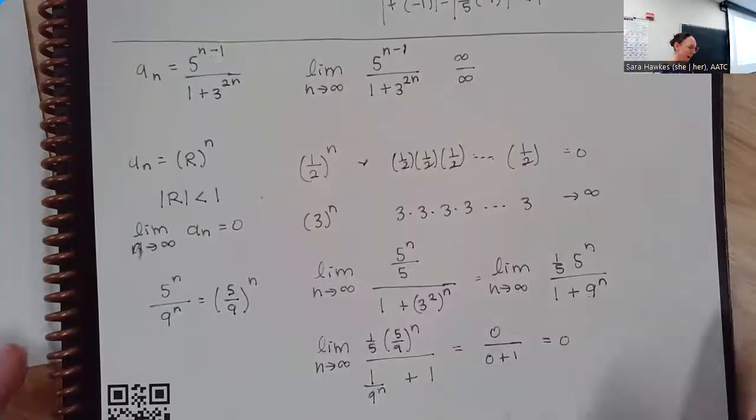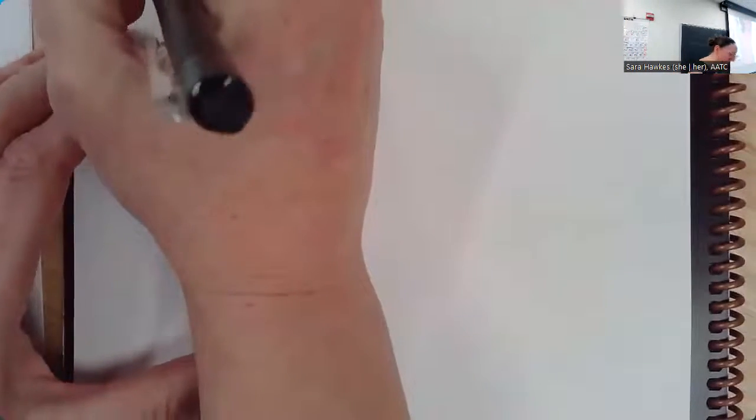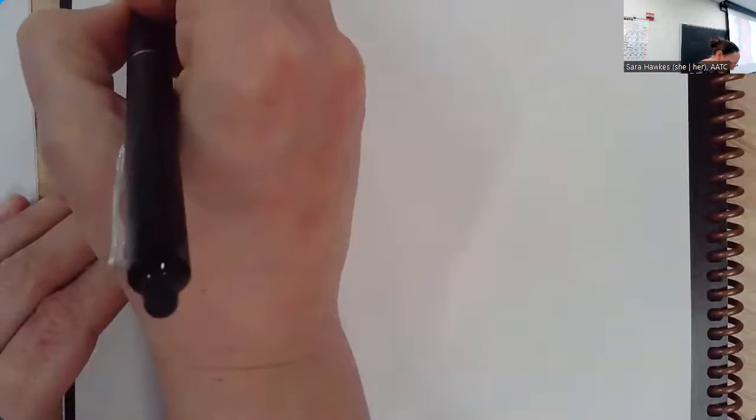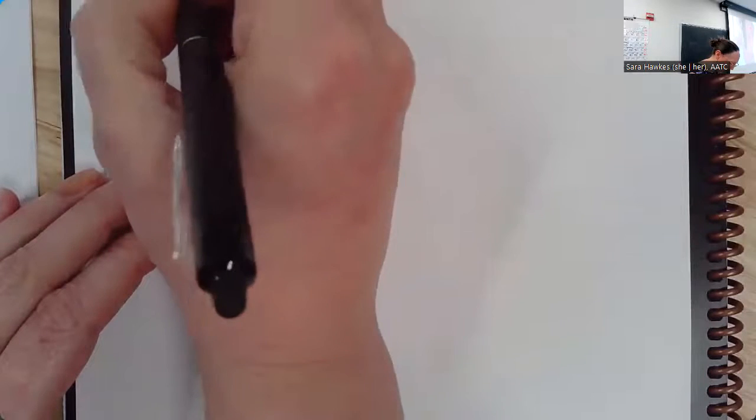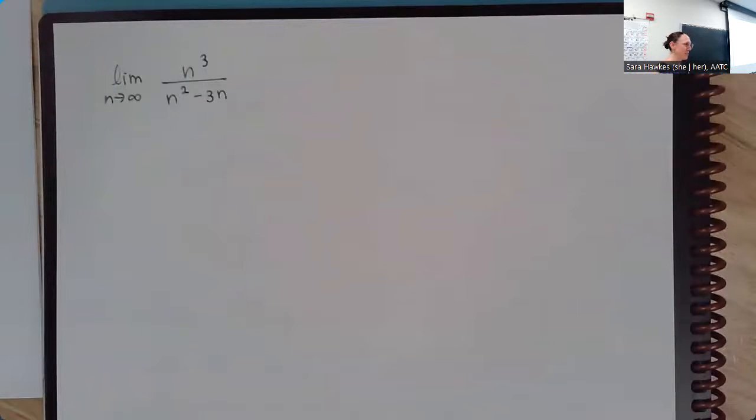So this is kind of like, well, let me make an analogy back to what we would have done at the beginning of the quarter. Before we knew about L'Hopital's, if I had to take the limit as n approaches infinity of n cubed over n squared minus 3n, I would find the largest power in the denominator and either factor it out or divide every term by it.